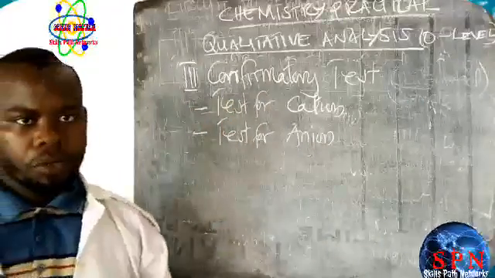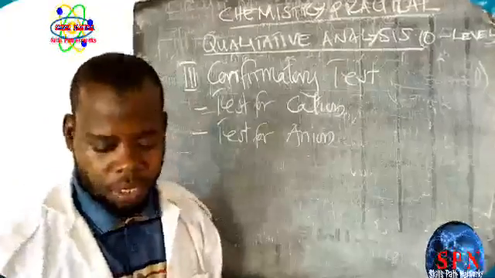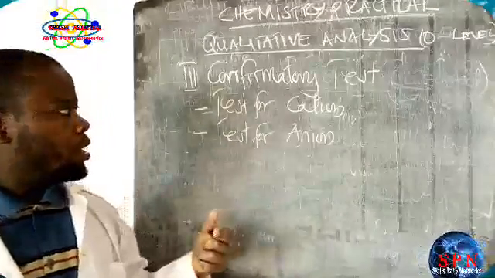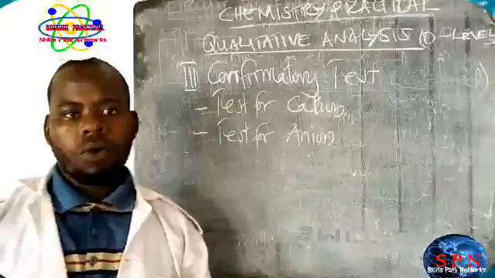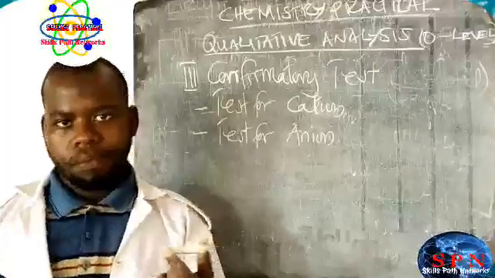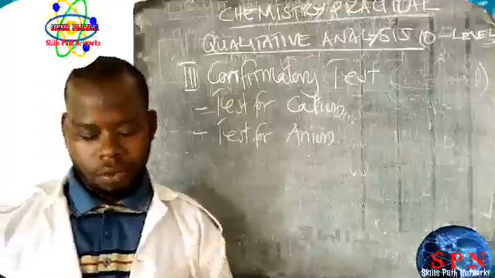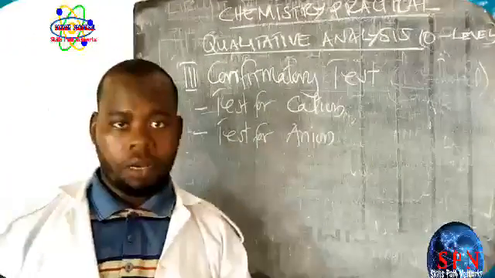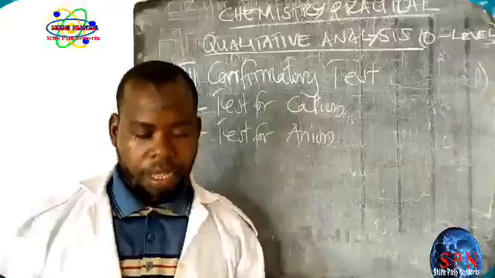At the end, you confirm the presence of the cation and the anion, and after confirming, we know which compound it is. That is the systematic procedure of qualitative analysis.